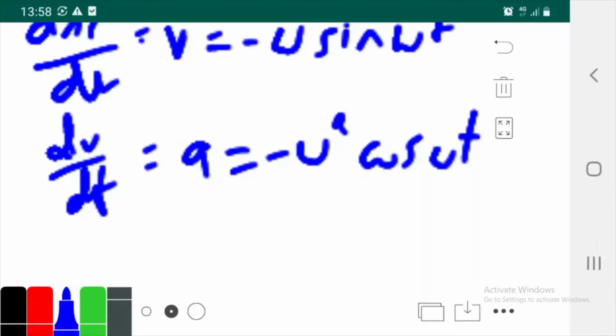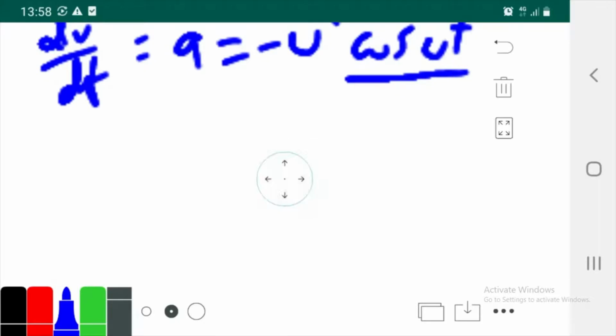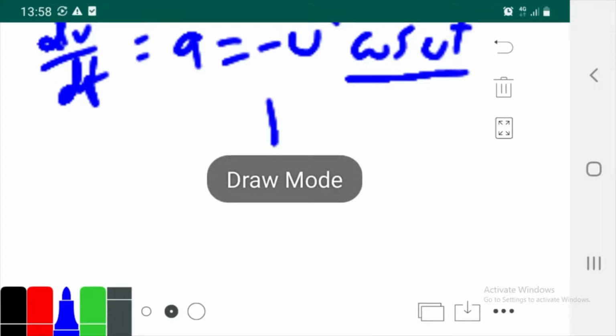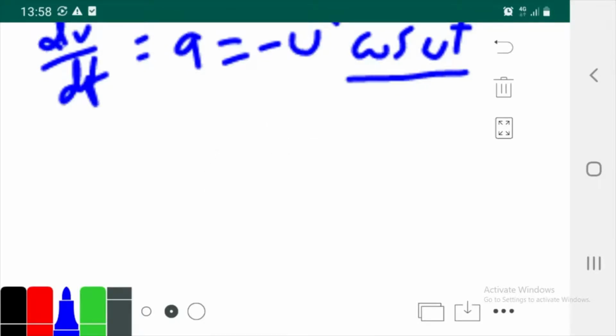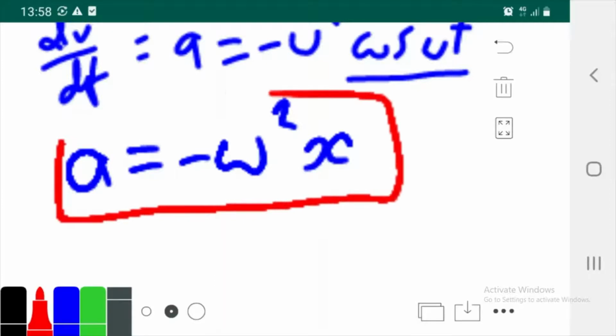Now, earlier we said that cos omega t equals x, so I'm just going to do one little final manipulation and say acceleration equals simply minus omega squared times x. This is an important equation because that is the basic definition of any object undergoing simple harmonic motion.